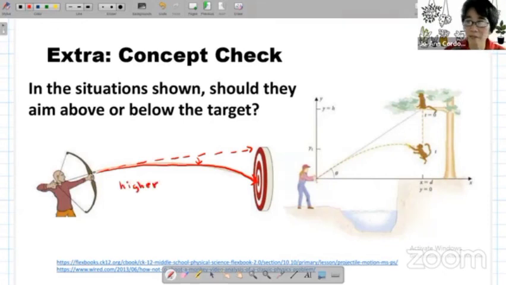The other picture, this one, has a zookeeper and a monkey, where the monkey is on a tree, but once the zookeeper throws the banana, the monkey drops to the ground. So should the zookeeper be aiming higher, lower, or on the monkey itself?